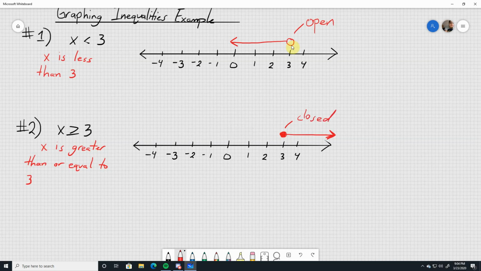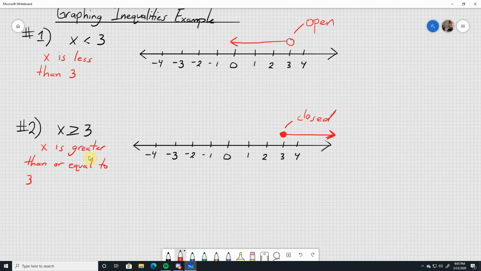The reason has to do with these symbols, or more what they mean. This one, for number 1, is saying X is less than 3. That means it could be 2, 1, any number less than 3, but it cannot be 3. It's strictly less than 3. So basically, it can't be 3, but anything below that is fine.